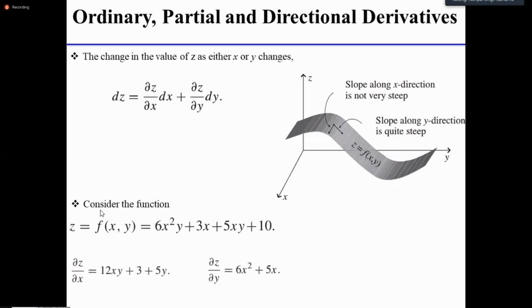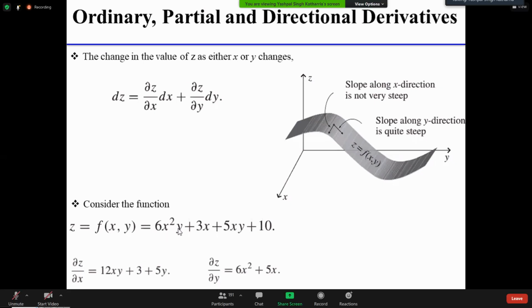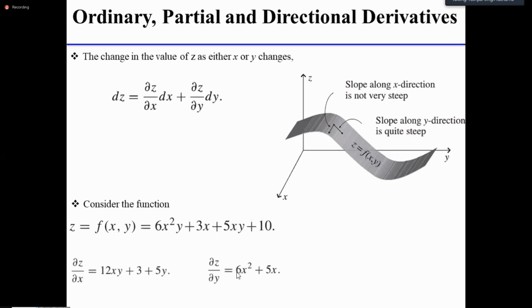For that case, we can consider a simple function like z equals 6x squared y plus 3x plus 5xy plus 10. Then you can calculate del z over del x, where you consider y to be a constant. Similarly, you can calculate del z over del y, where you keep x constant. So yeah, that's all.